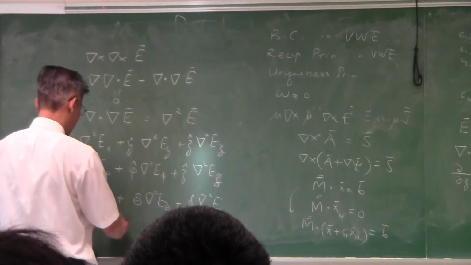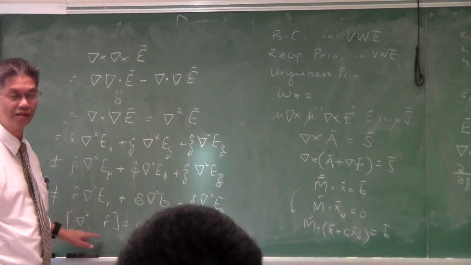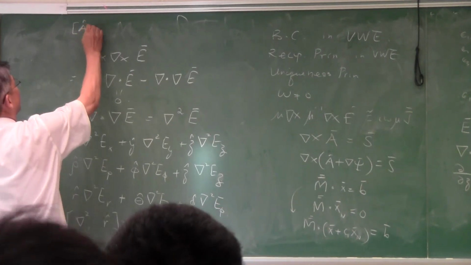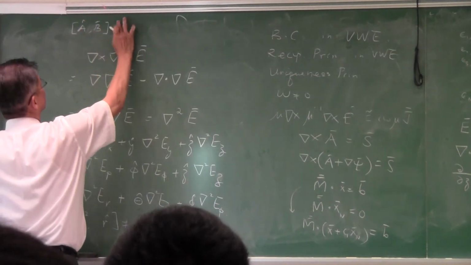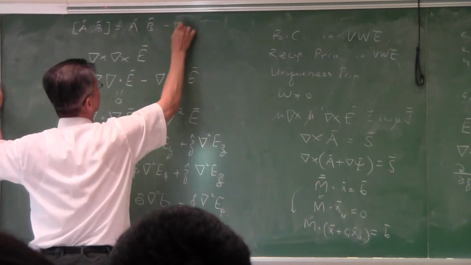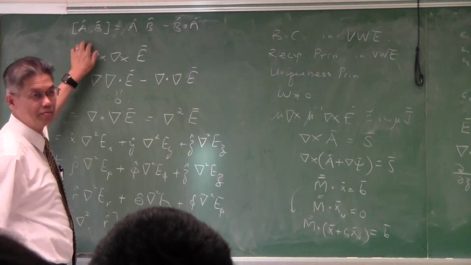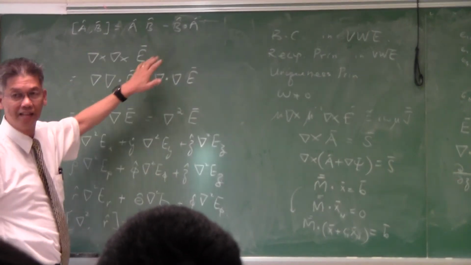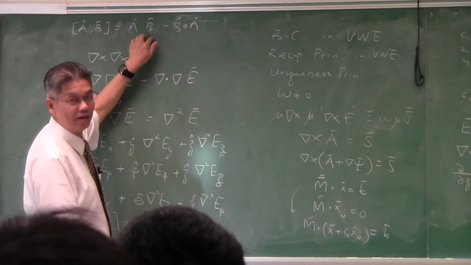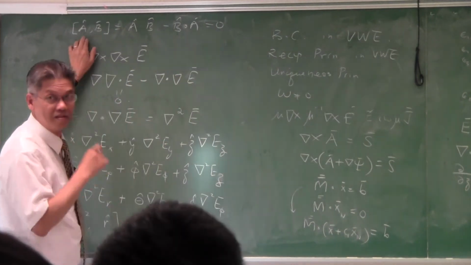In other words, mathematically, we always write it in this manner. They do not commute. This is a mathematical notation that says that the commutator [A, B] is equal to AB minus BA. Okay, and if that is equal to 0, then it means that these two are equal, and we say that A and B are commuting if this is 0.